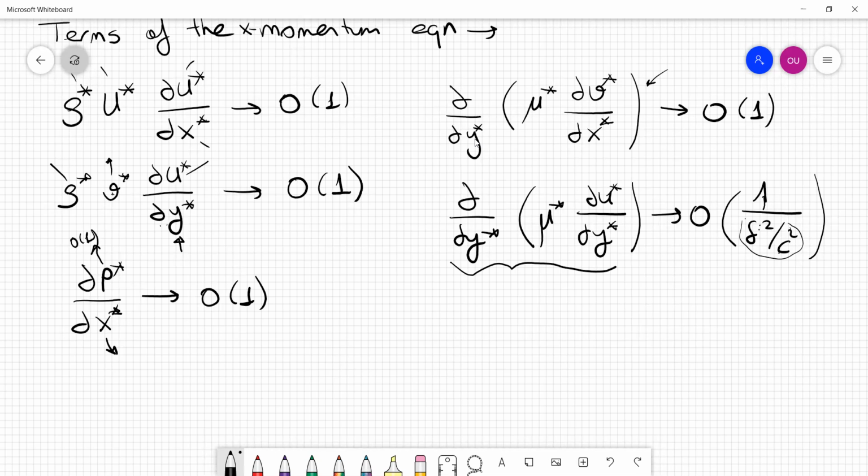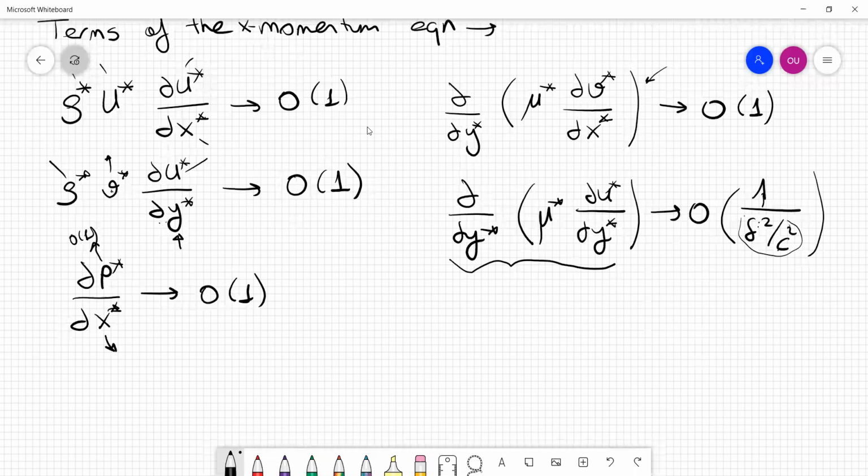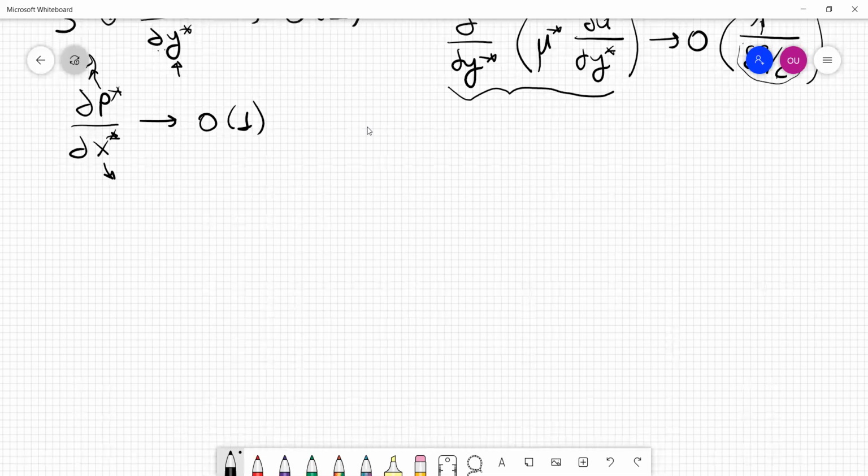Now we need to use this in our modified x momentum equation, the non-dimensional form. Let me write this down.